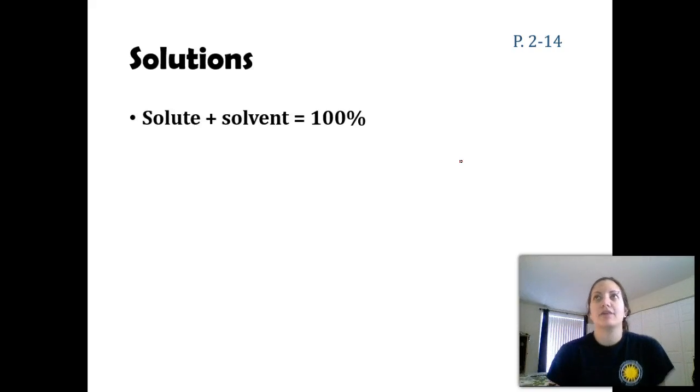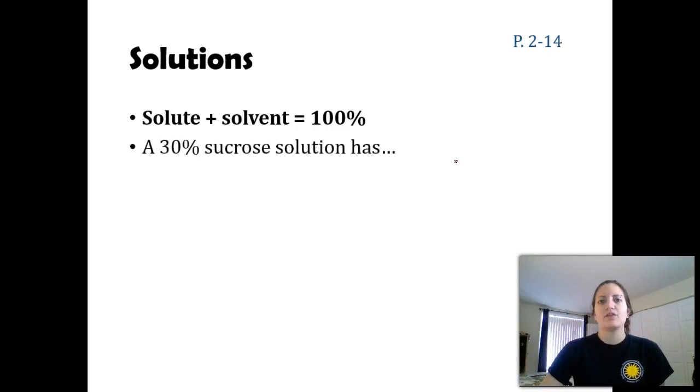So say a solution is 100%. Whatever the solute is, plus whatever the solvent is, is going to be 100%. Let's illustrate what I mean here. Let's say I gave you a word problem and we were talking about a 30% sucrose solution.